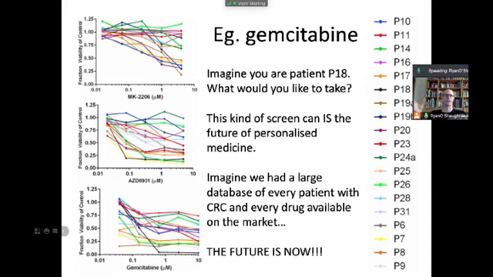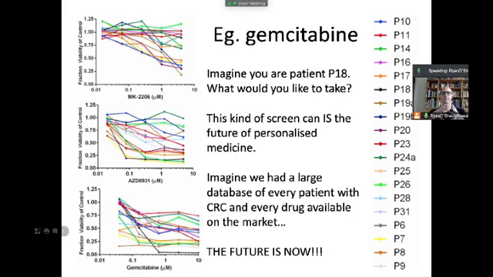So that patient could take that drug but would have no effect. It wouldn't reduce the size of the tumour. However, if we look at gemcitabine, look at how efficiently it reduces the tumour size in this patient. But if you were patient 11, gemcitabine would have little or no effect.